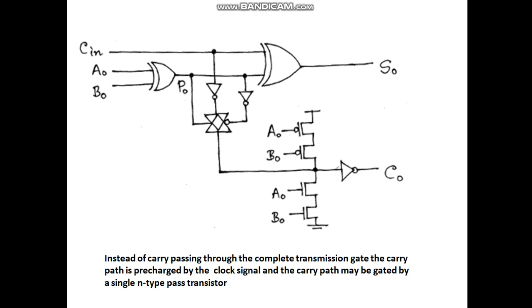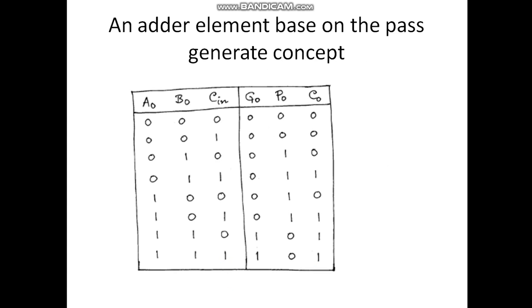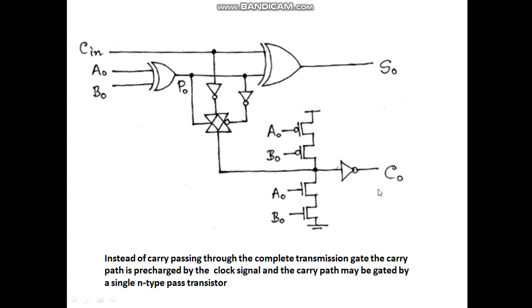Okay. Anyways, for this condition to occur, A and B should be complementary. When A and B are complementary, there won't be any conducting path here as well as here in the NMOS. So this value of Cin or the bit in Cin is propagated to Cout.